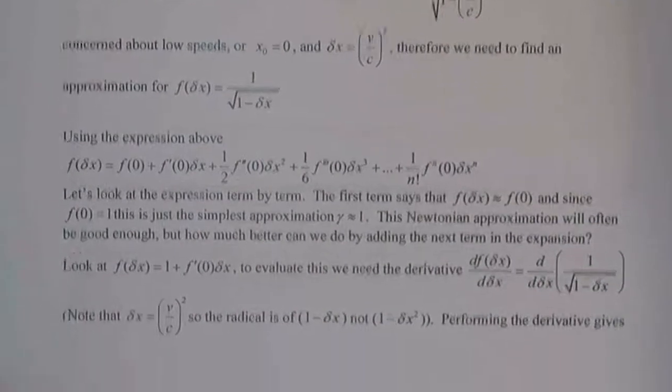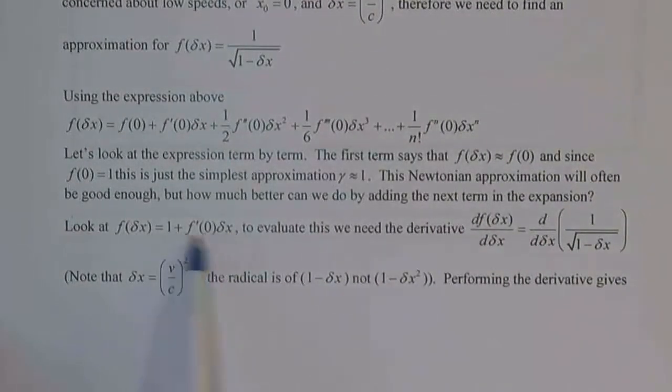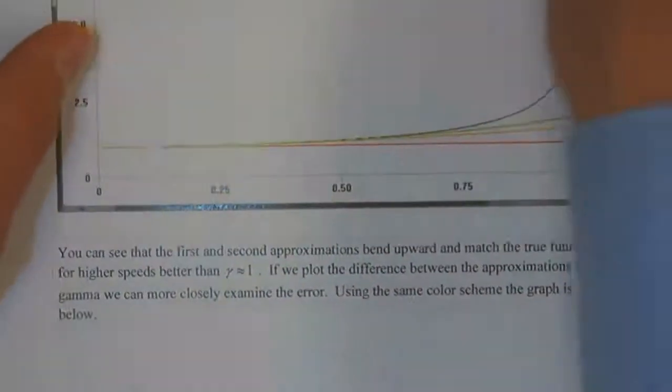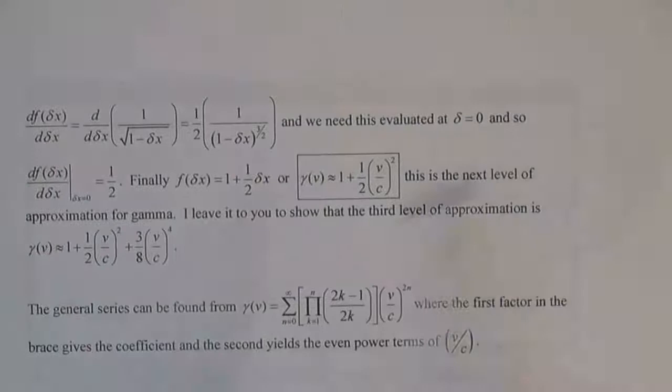But if we want to do better, we have the second term, which says take the slope, evaluate it at 0 velocity, and then multiply it by how far away you are from 0 velocity. So we need to take the derivative with respect to delta x of 1 over root 1 minus delta x. And all of you can take this derivative. And I've done it here.